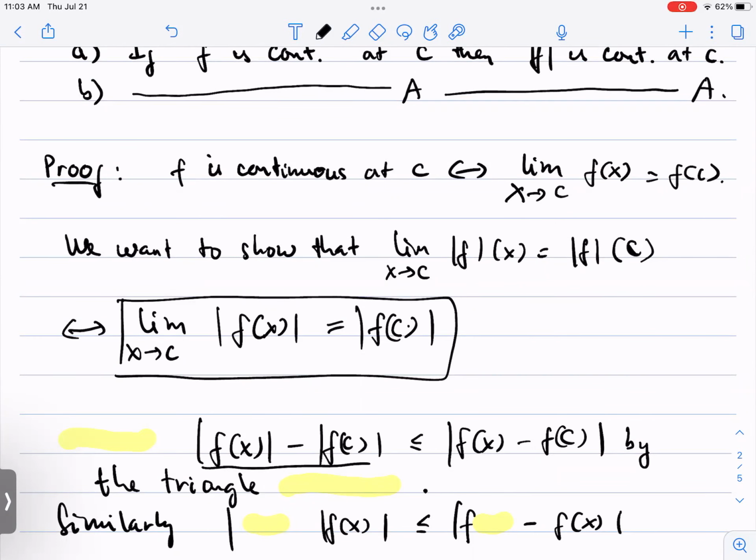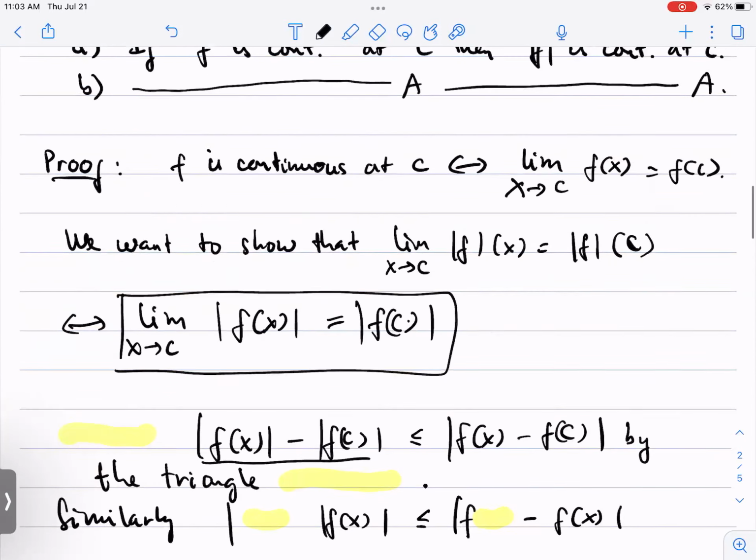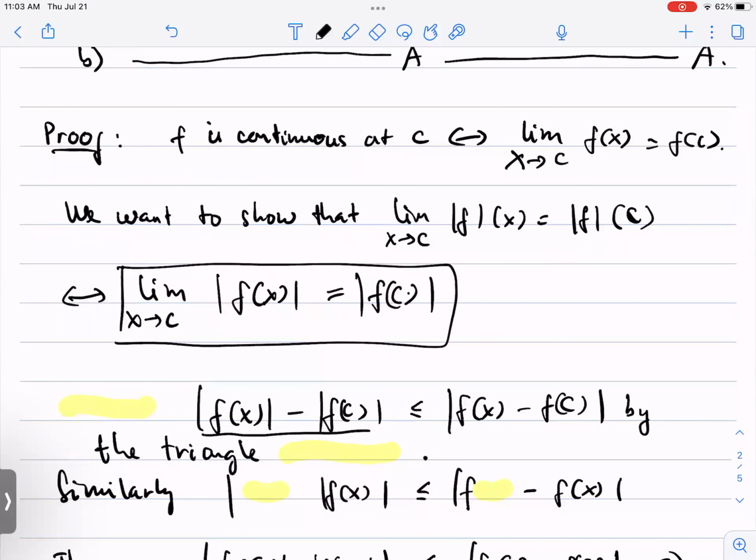I'm going to give a proof of this theorem to illustrate how we utilize all the materials we learned in order to prove this statement. f is continuous is equivalent to a limit statement. This is what we learned from section 5.1. We want to show that the similar equation is true for the absolute value function.